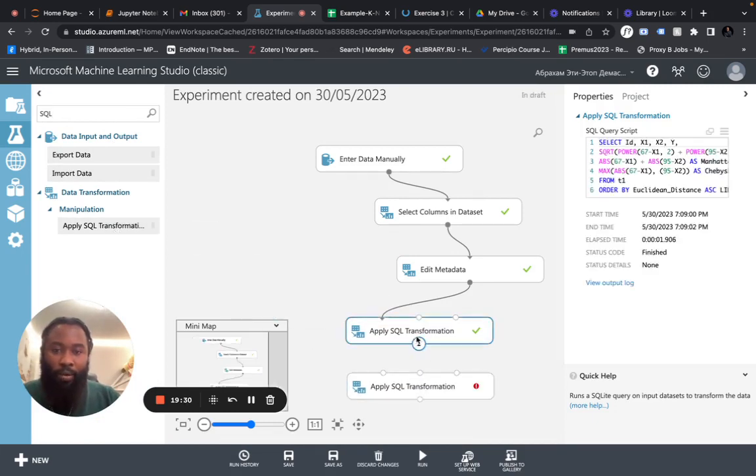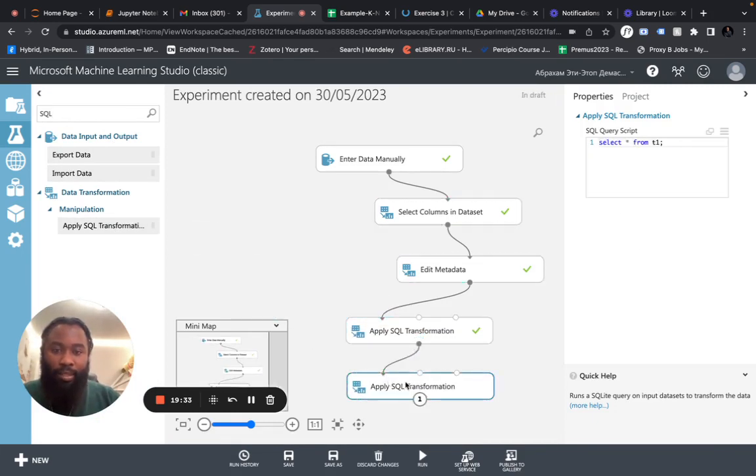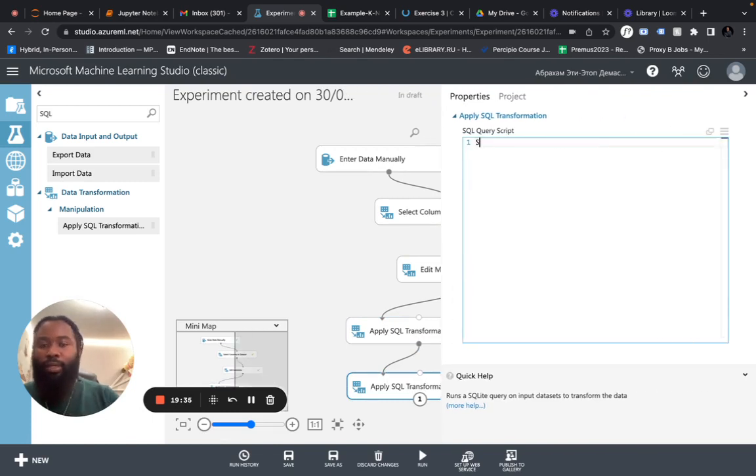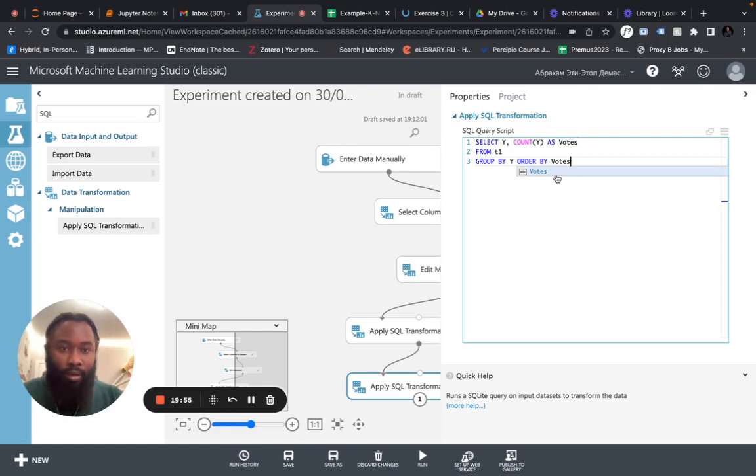So we create another query point, and let's link this and just select y and count y from T1, group by y, order by count as votes. Let's order by votes.